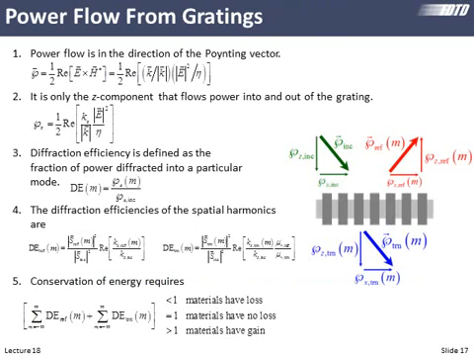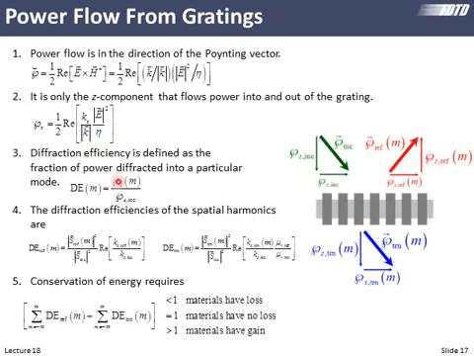So here was our procedure that we did, recognizing all this. We start with the Poynting vector, E cross H. We looked at the impedance of the material to eliminate the magnetic field. We then said it's really only the z component that contributes to power flow in or out of the device. So we're only looking at the z component, or the vertical component, of the Poynting vector.